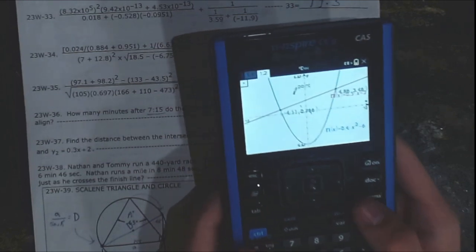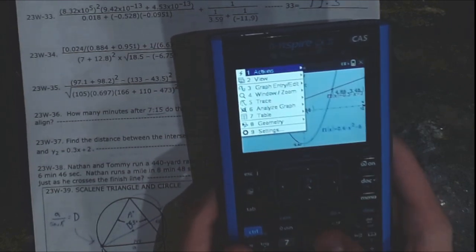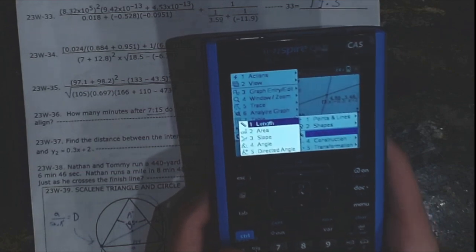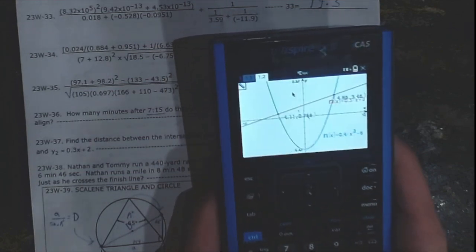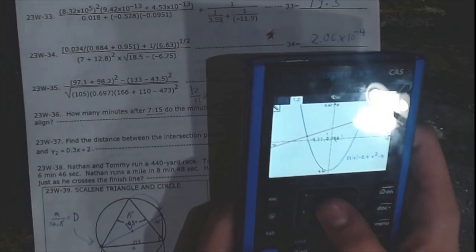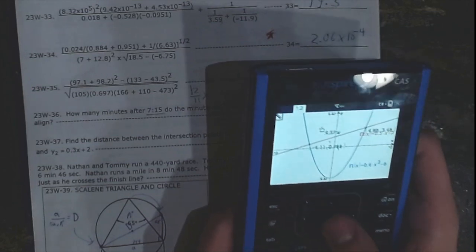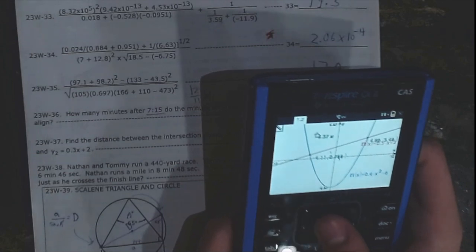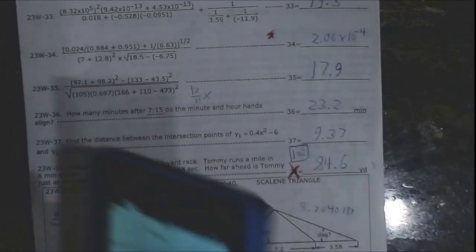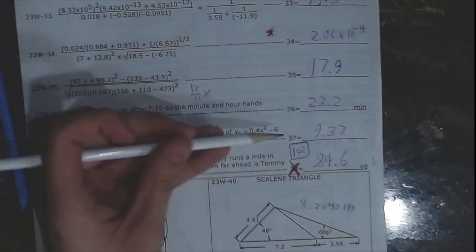And then, to get the distance between these two, I go back to Geometry, Measurement, and Length, or Menu 831. And I click these two points, and it tells me the distance between them, which is 9.34 units, or 9.37. And that's our answer.